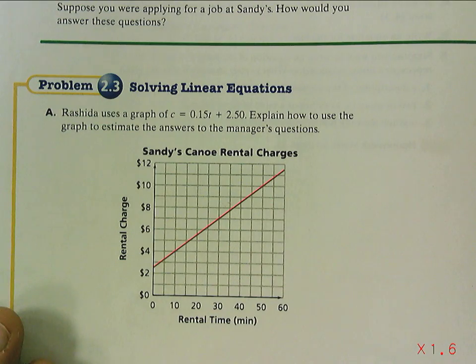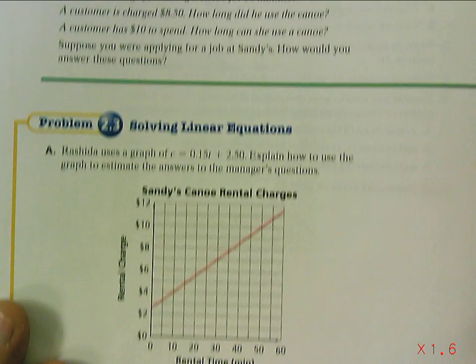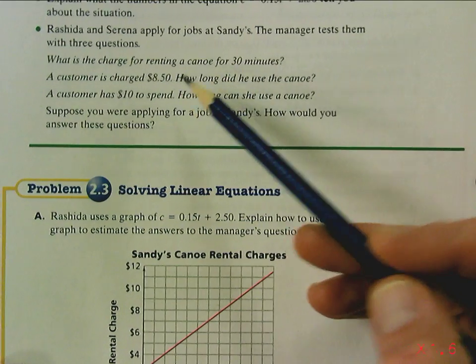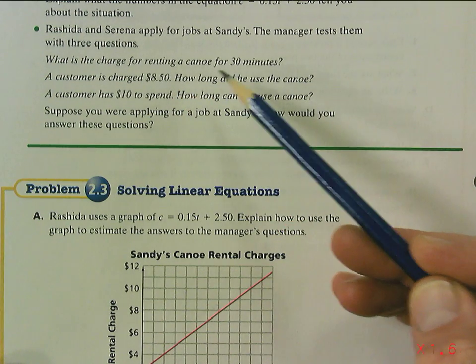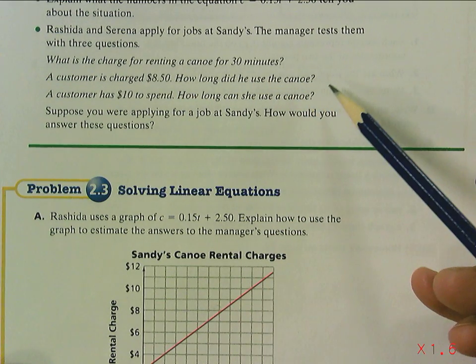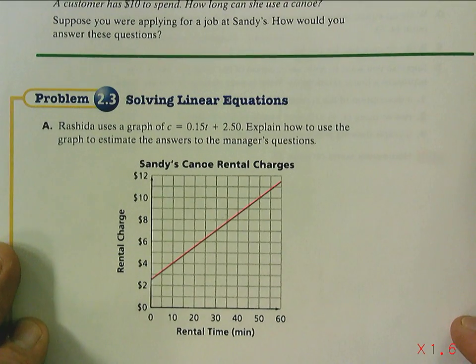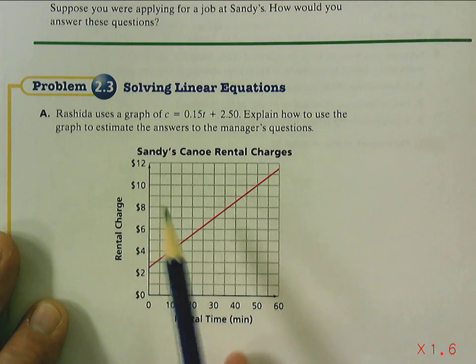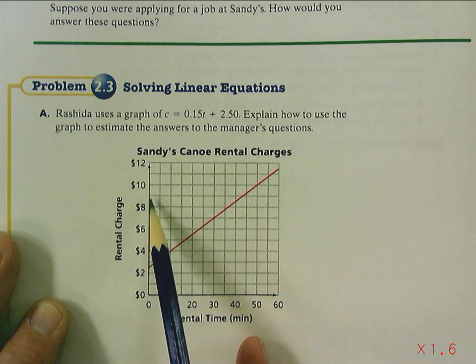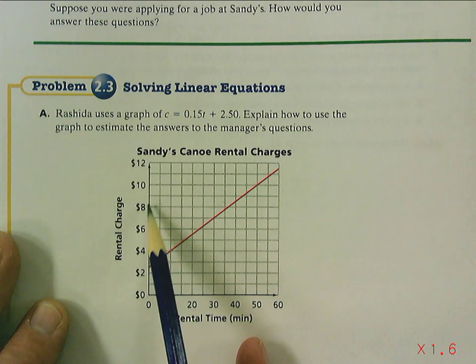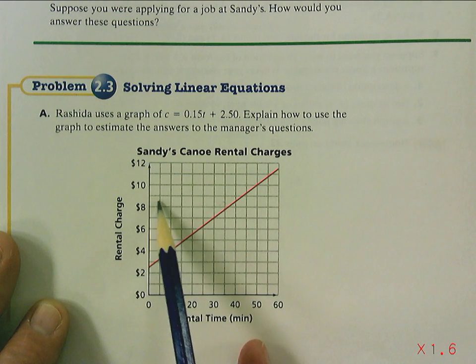And then if we look at the second question, which was for $8.50, how long did he use the canoe? So now again we can go back to our graph and just look at $8.50 is right here. Each increment here is a dollar, so $8, $9, so $8.50 would be here.